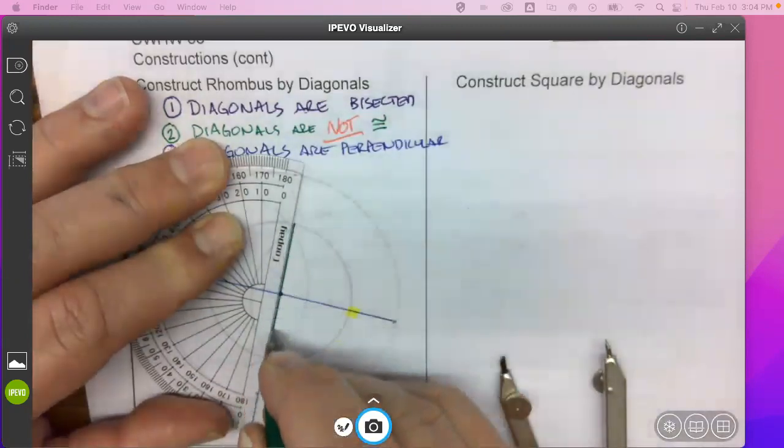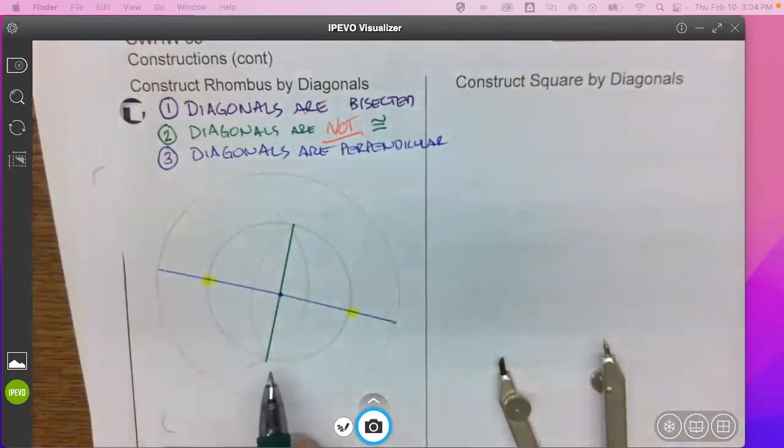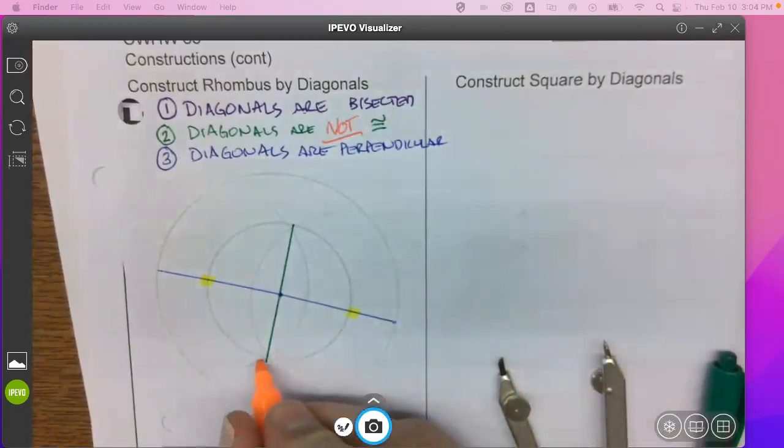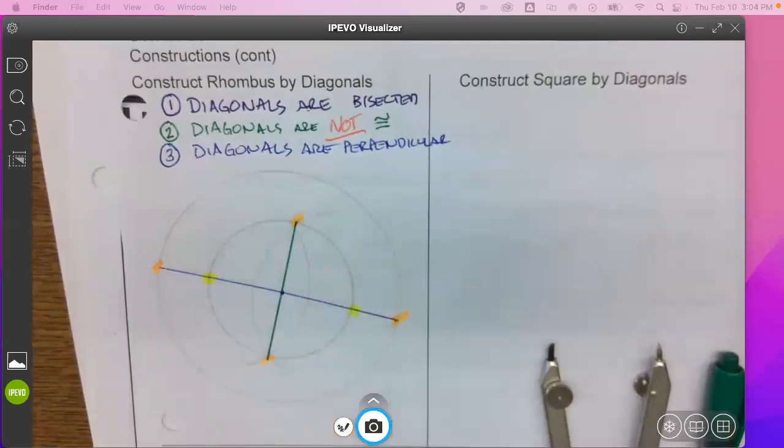And when I connect these, I'm only going to connect them as far as the smaller circle. Because I only really want to go there, there, there, and there. Connect the dots.